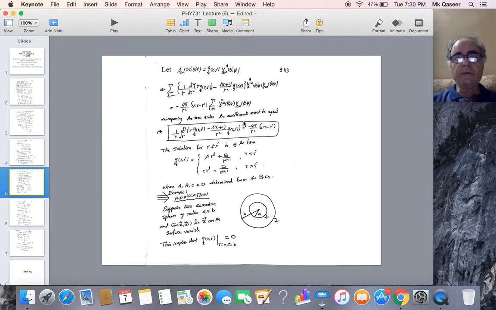To get this expression. Now we assume that A_lm is some function, the reduced Green's function, as we called it in the previous lecture, times Y_lm star of theta prime phi prime. Now the coefficient of this must equal the radial part of the right hand side, which is minus 4 pi over r squared delta of r minus r prime.